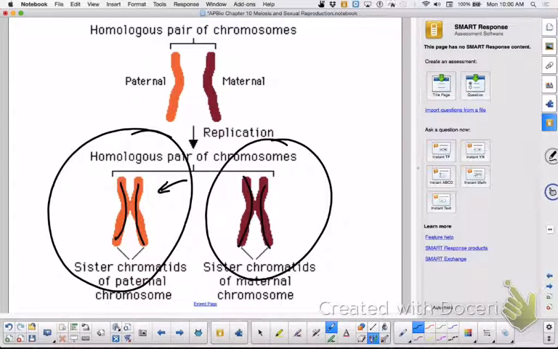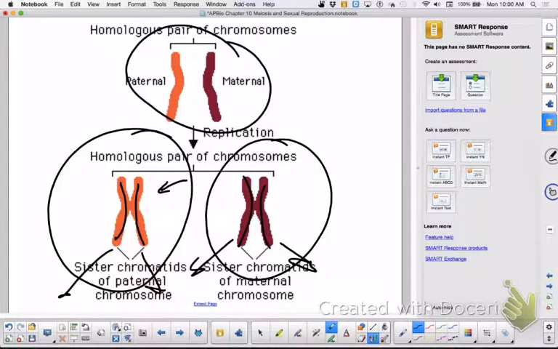Then you will do division again, and this time you will separate out the sister chromatids. So you have one cell that replicates and does meiosis 1 to separate the homologous pairs. Then each of these cells does meiosis 2 in order to separate the sisters.